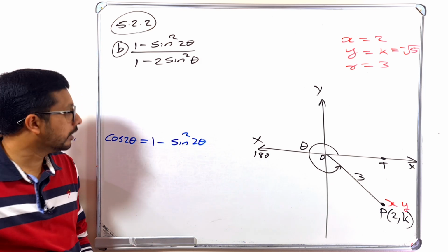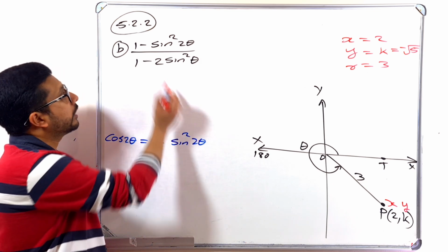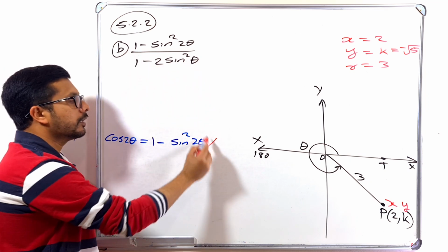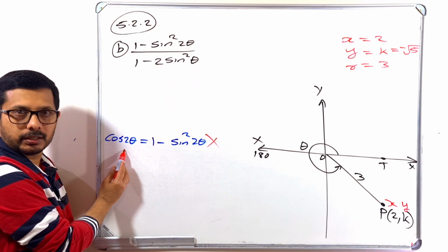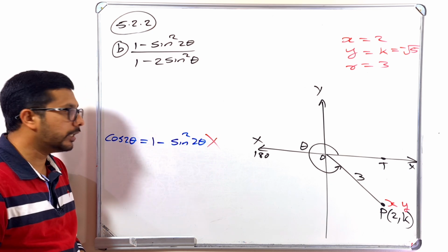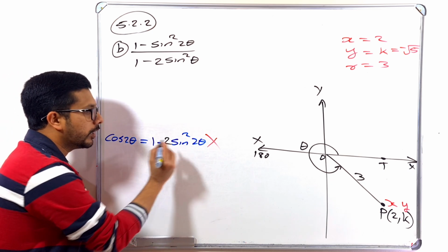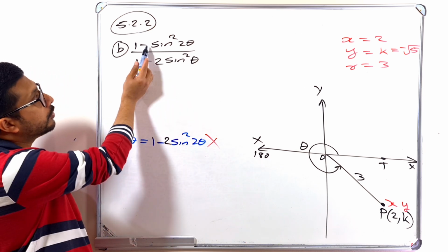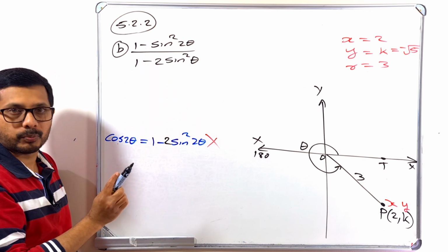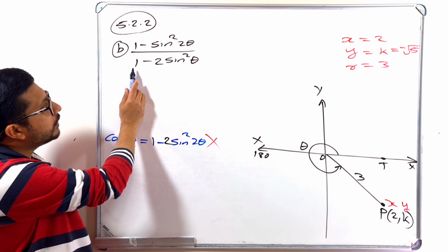You can't write this 1 minus sine square, I'm talking about the numerator, as cos 2 theta. Why? Because the actual formula you studied has a 2 here. Do you have that 2 here? No. Then how can you write it like this? It's not possible.